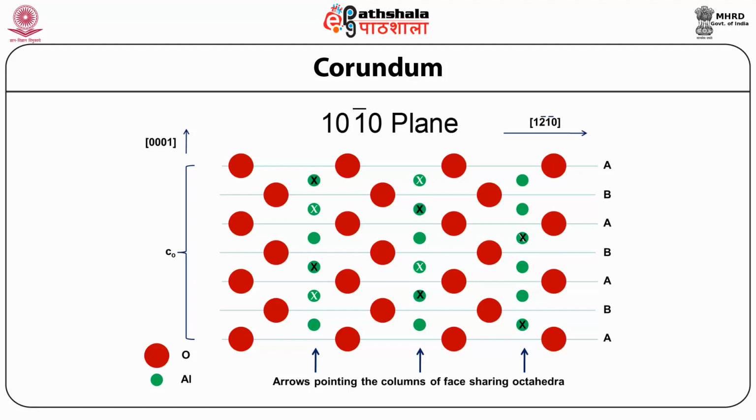You can see the side view which we have seen in the previous slide, and it shows that the 001 plane is pointing upwards, whereas the 12̄1̄0 plane is pointing towards the right hand side. The red colored filled atoms correspond to oxygen and the green atoms correspond to Al, whereas the cross sign represents the voids, or we can say the vacant octahedral sites which are present in corundum.